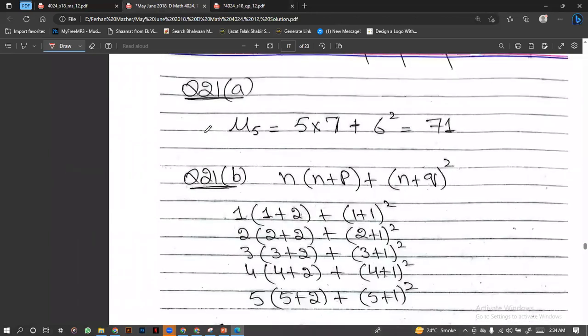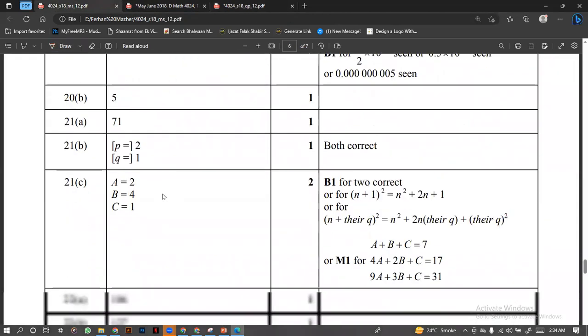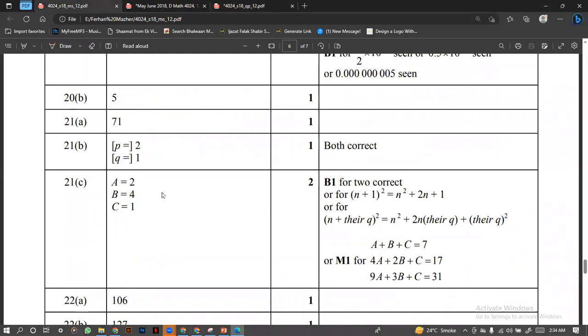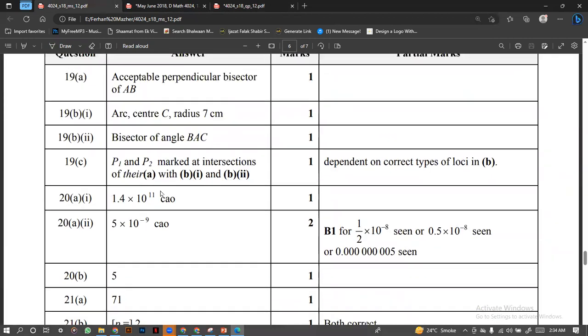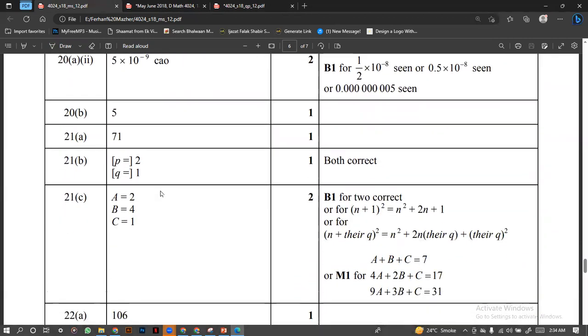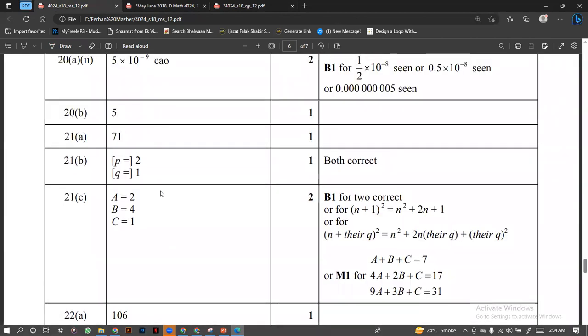Okay, so the 5th term will be 5 into 7 plus 6 squared equals 71.